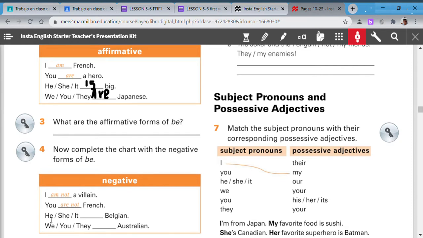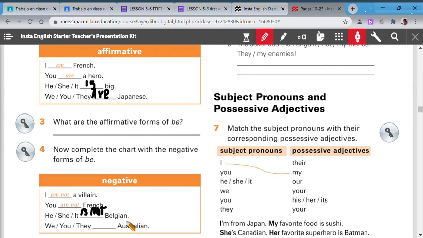He, she, it. Remember, is. In the first part it is affirmative, so is. In the second part it is not affirmative, so you say is not. He is not Belgian.